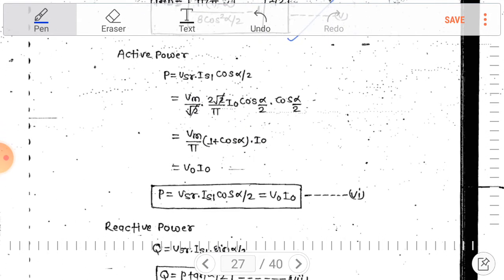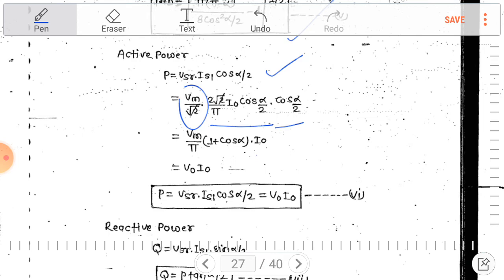Active power at the source side is Vsr Is1 cos alpha by 2, where cos alpha by 2 is the fundamental distortion factor. Vs RMS is Vm by root 2 at the source side, and this is the fundamental magnitude of the source current, times cos alpha by 2.